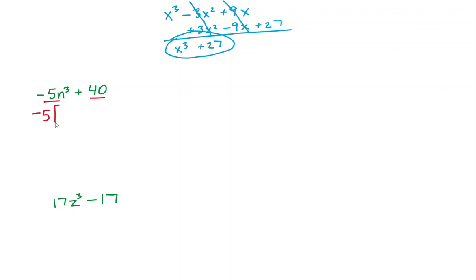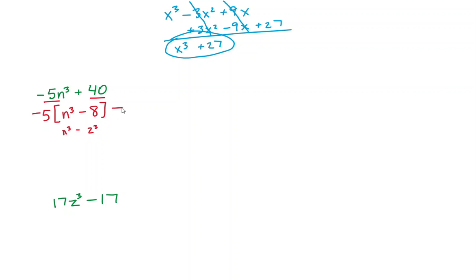I'm left with n cubed minus, let's see, that's 8. 8 times 5 is 40. And 8 is 2 cubed. 2 times 2 times 2. So I have a difference of cubes.